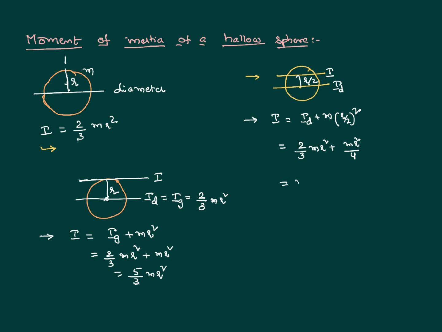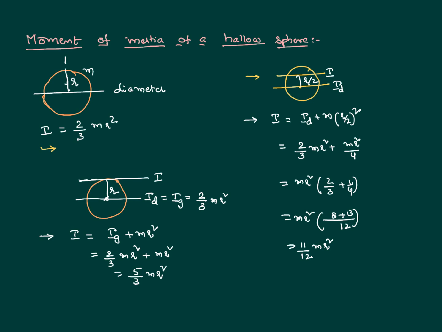So I can take mr square as common. The value is going to be 2 by 3 plus 1 by 4, which is 8 plus 3 over 12, and that value is nothing but 11 by 12 mr square.